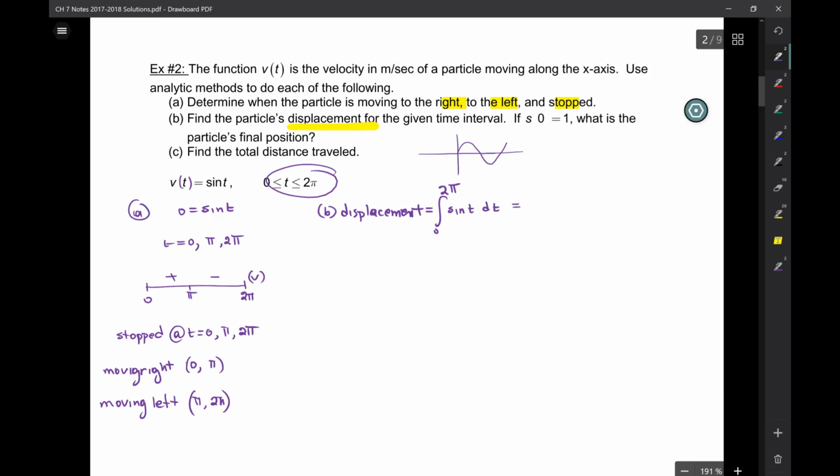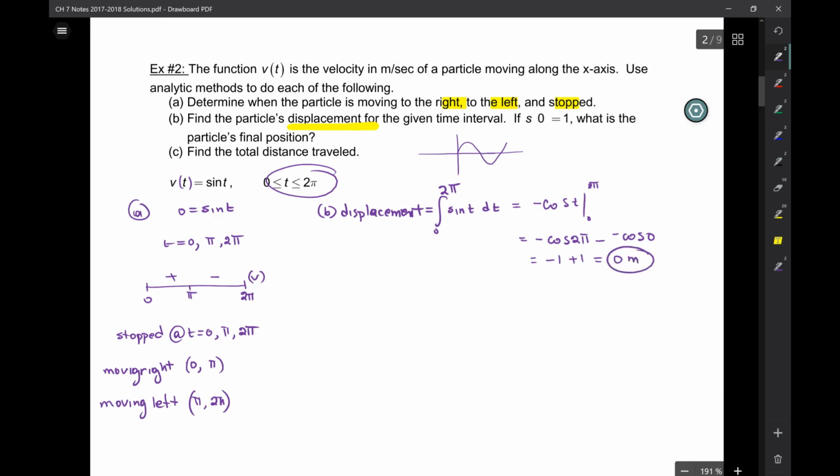The integral of sine is negative cosine of t. Common mistake on the test. Because you have bounds, this is going to be negative cosine of 2 pi minus negative cosine of 0. This is going to be minus 1 plus 1, 0 meters.